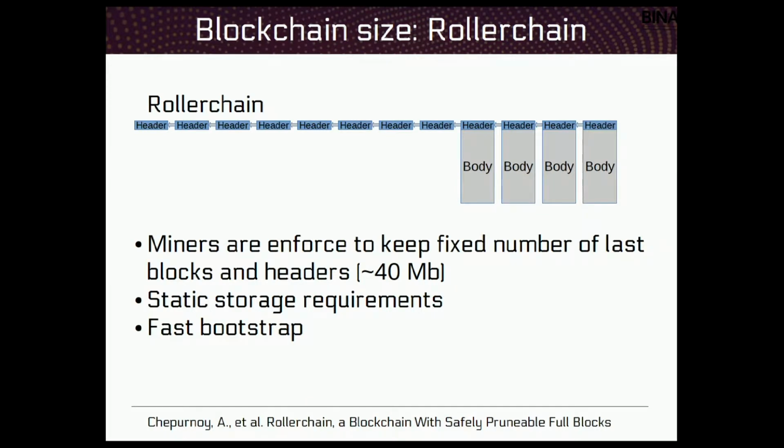In roller chain, we do not have altruistic nodes that keep something for free. You should keep it, or you shouldn't. Yeah, and roller chain allows fast bootstrap. You just need to download 40 megabytes of data and a fixed number of last blocks, and you are synchronized with the network.